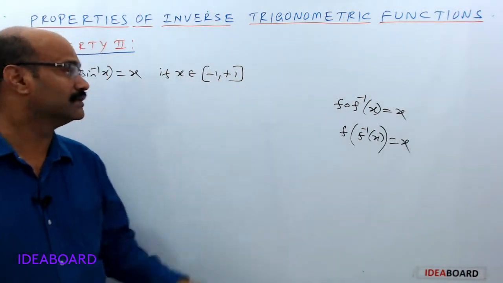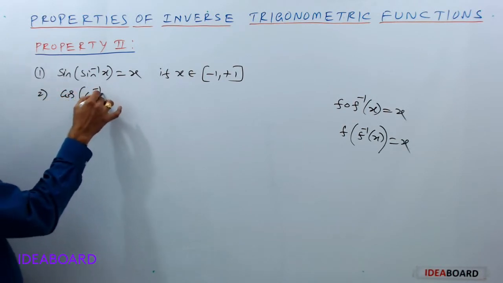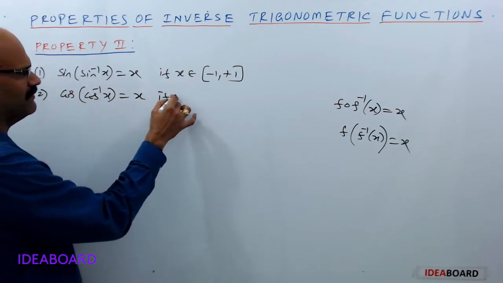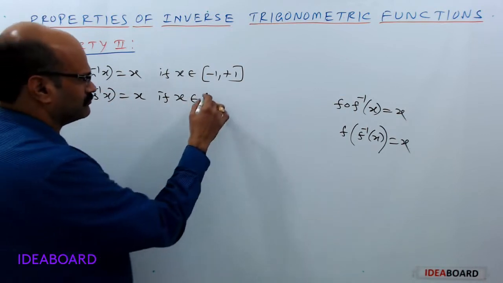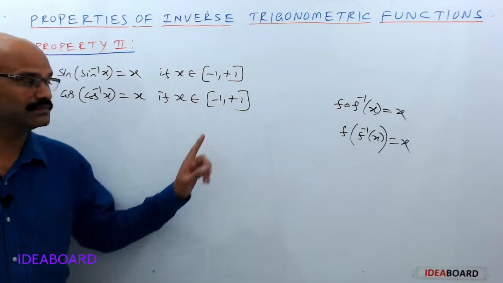Second one, cos of cos inverse x equal to x if x belongs to the closed interval minus 1 to plus 1.